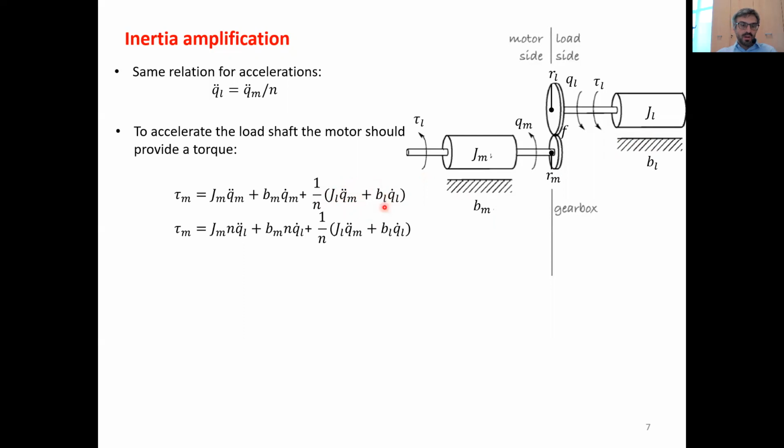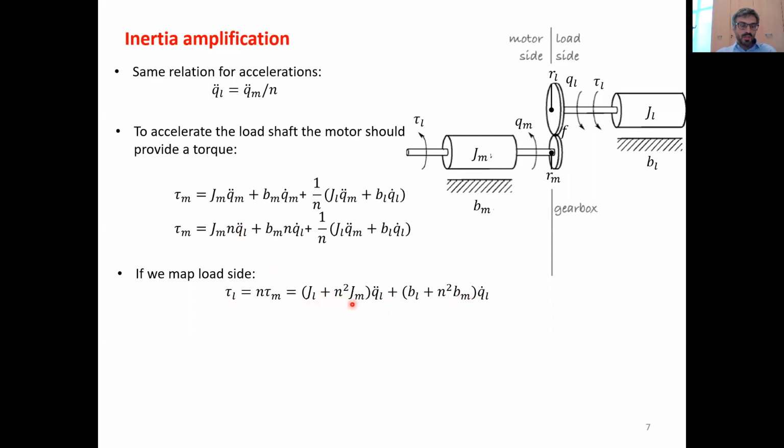And since this is a load torque, it is mapped into a motor torque divided by N. And if we replace the motor acceleration with the load acceleration, we have N q double dot L, and for the velocity, we have N q dot L. And if we collect everything together, and we multiply by N to get the load side torque, we see this expression.